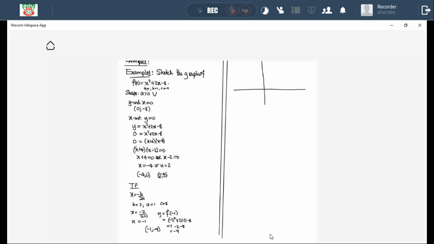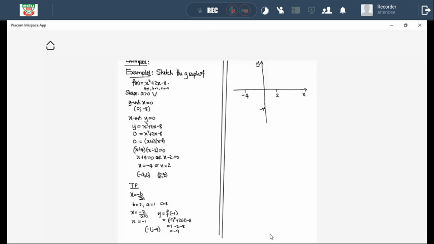Now, this is y, that is x. My intercepts, I've got negative 4, and I've got 2. Good. Right. I've got negative 8 and 0 and negative 8. I'll label there.